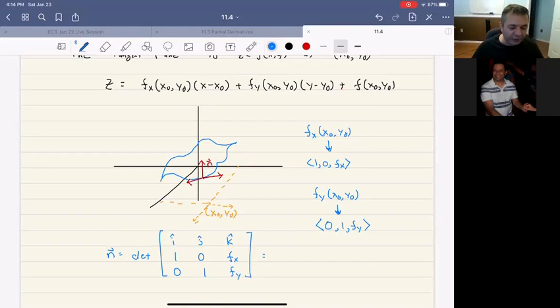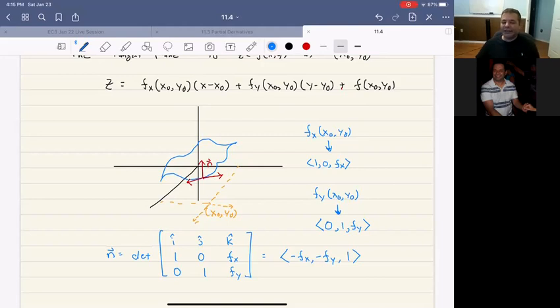I won't do it for you, I've already done it. It's going to be negative f sub x, negative f sub y, 1. So that is our normal vector.